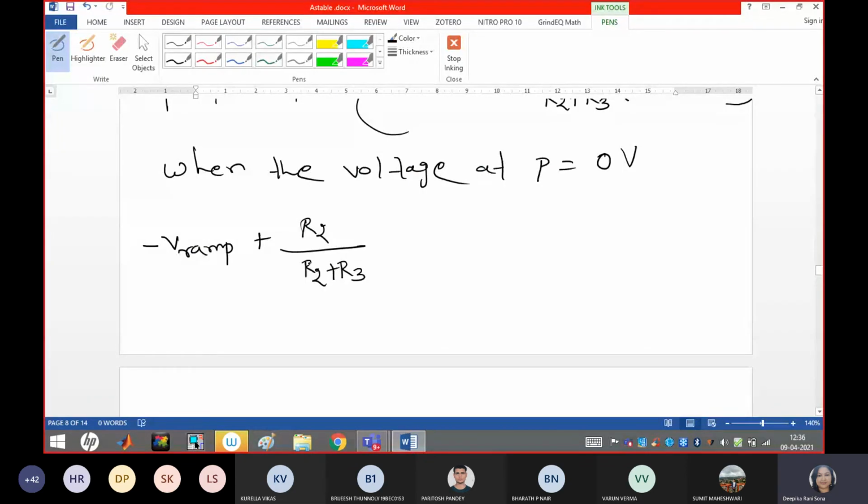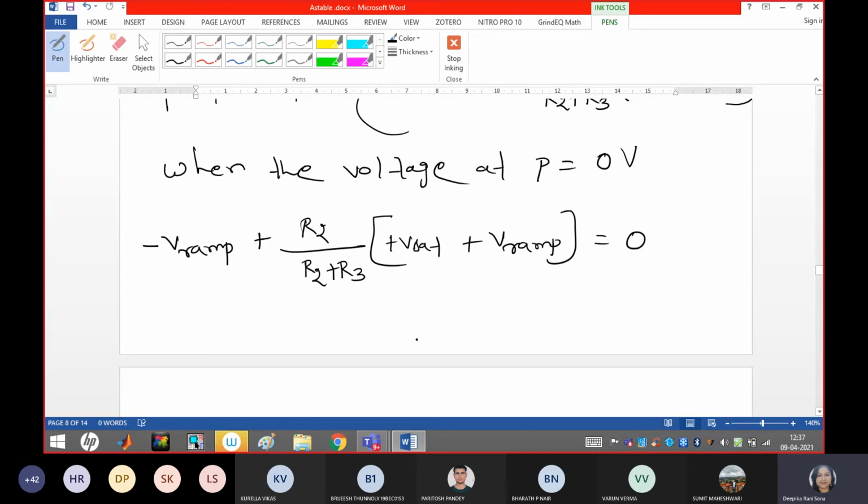Okay. R2 whole divided by R2 plus R3, then plus Vset plus VRAM equal to 0.